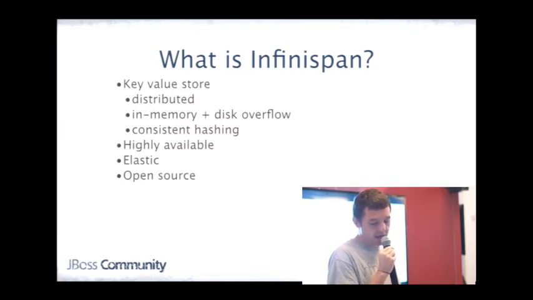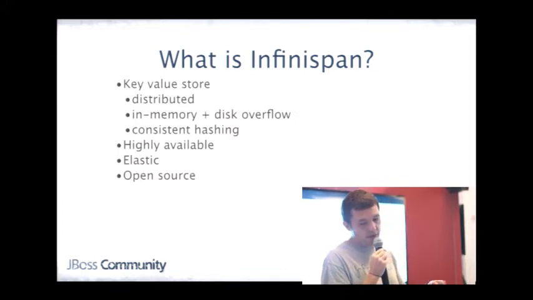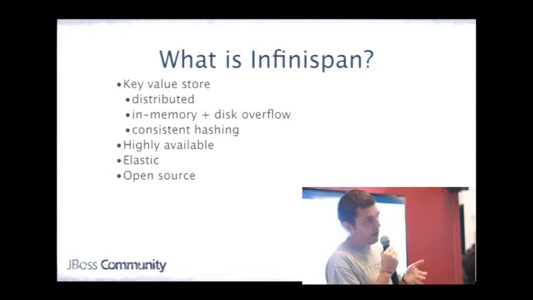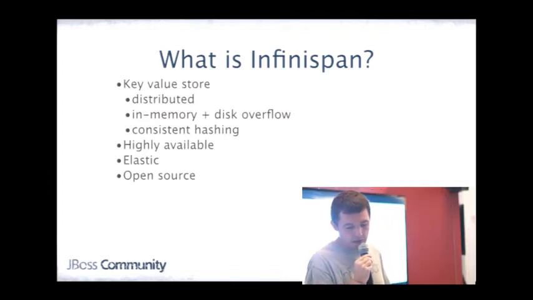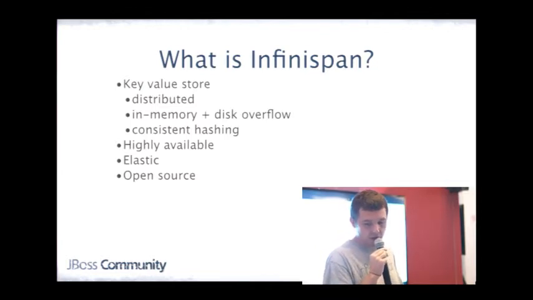It is elastic in the sense that it's built with the idea that nodes can be added and removed at runtime, and that shouldn't impact the users. So basically, the users that are connected to the grid should not stop the world, and the application should proceed as if nothing happened, ideally. And of course, it's open source, developed with a community, but led by Red Hat. It's ASL licensed, and we hold our source on GitHub.